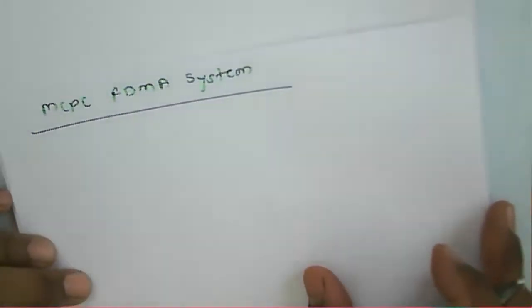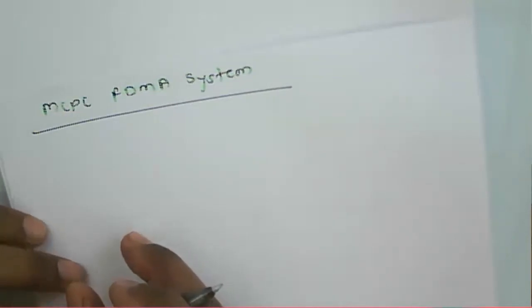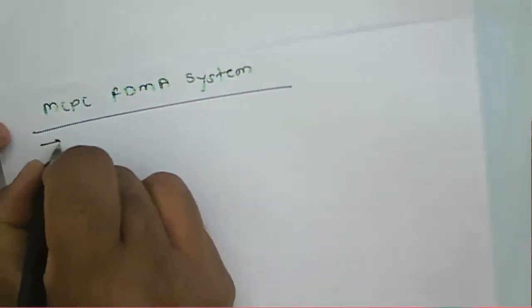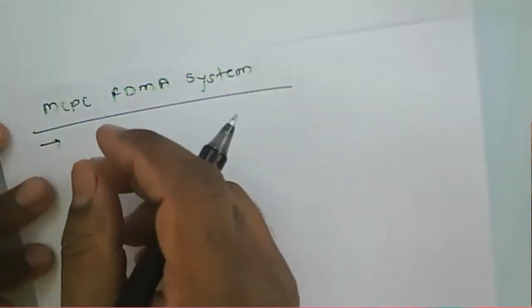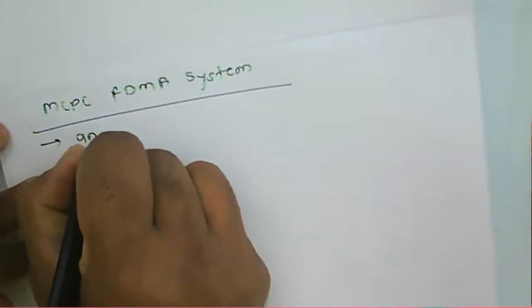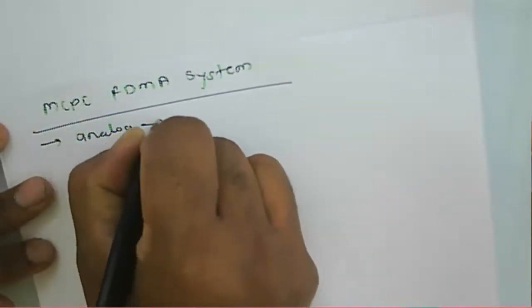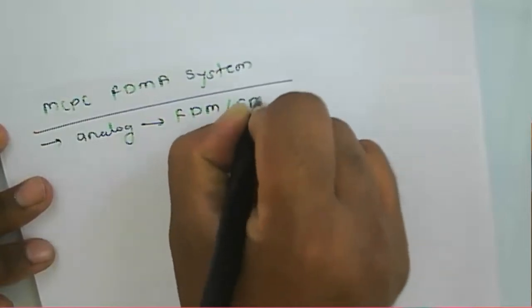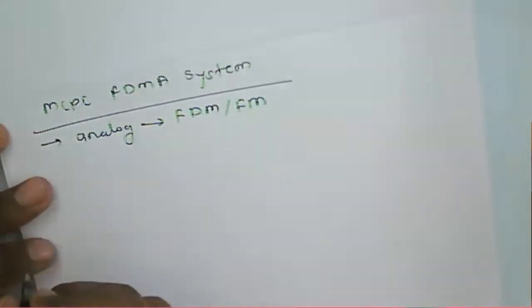Now in the case of an MCPC FDMA system, if it carries an analog signal, it will use an FDM FM carrier.